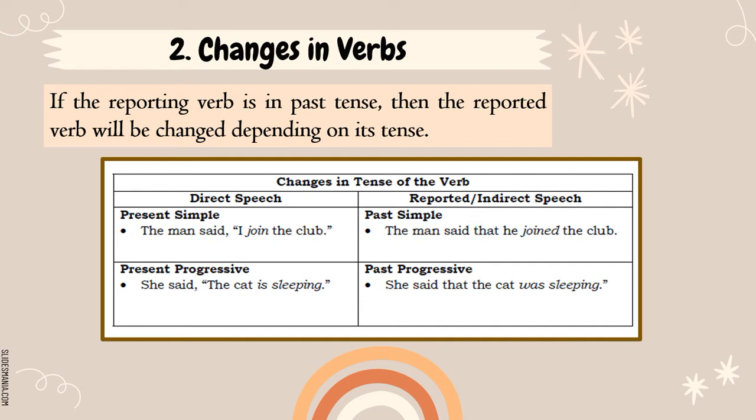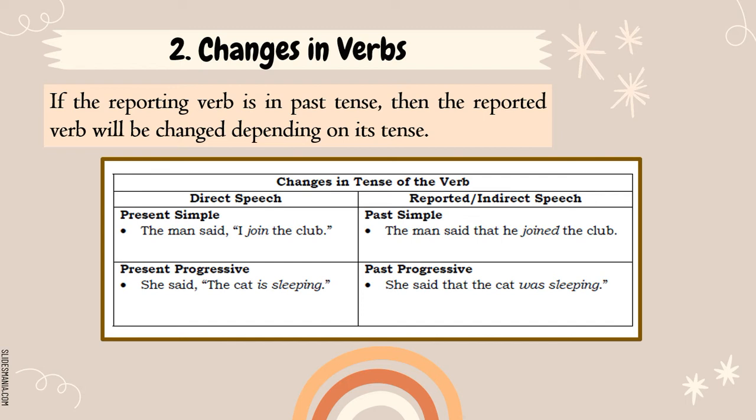Okay, with the use of quotation marks. For the past progressive, she said that the cat was sleeping. Okay, that's a typo error. There shall be no quotation mark in the reported or indirect speech.